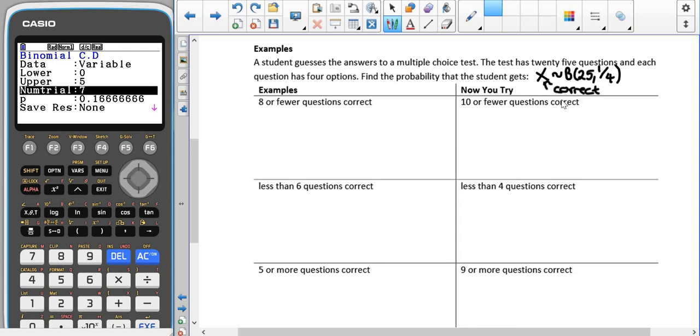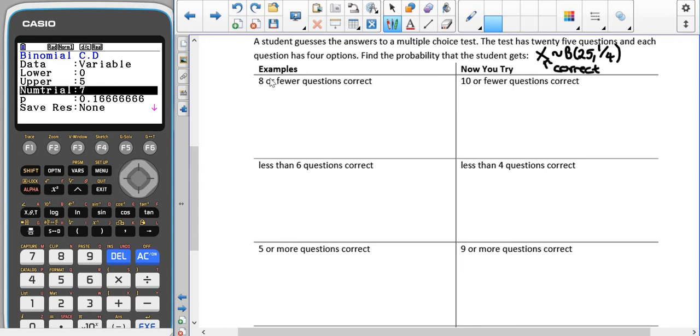And it does help if you put what your X variable is describing, just a little bit of context, because then if one of these options here was talking about incorrect, I would have had to think about it a little bit differently. So for the first one, we've got 8 or fewer questions correct. So that's looking at the probability that X is 8 or fewer.